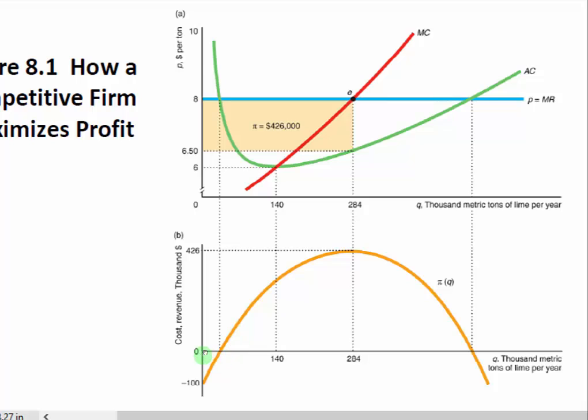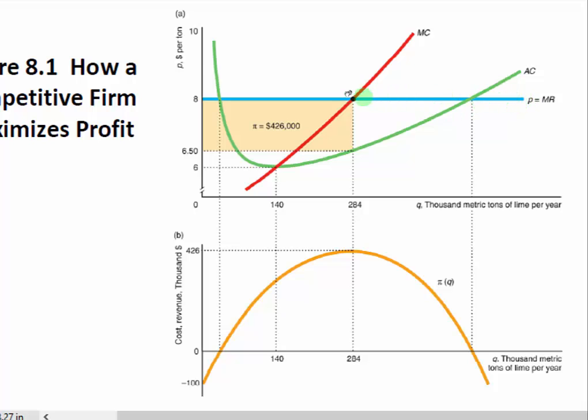Both pictures have the quantity produced or quantity sold in the market on the horizontal axis, but for the picture on the bottom, it's the total profit. But for panel A, this picture on top, all the curves are for each unit.